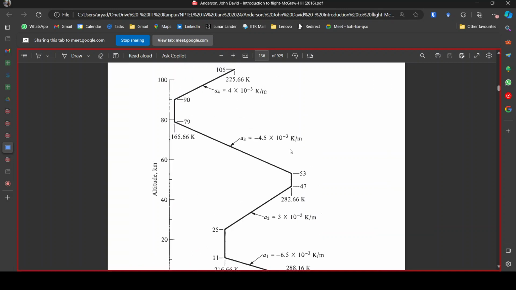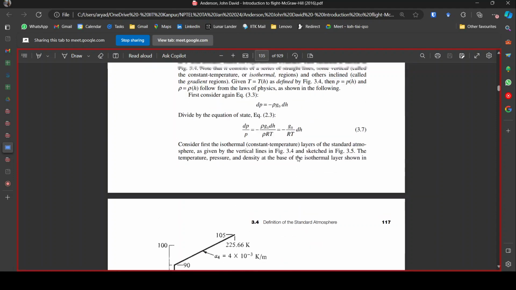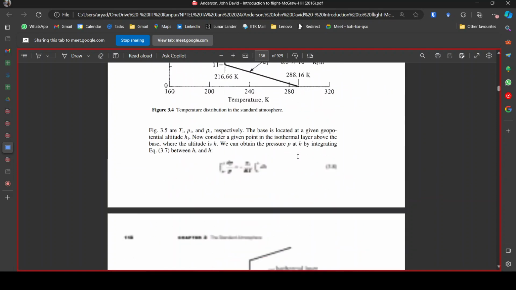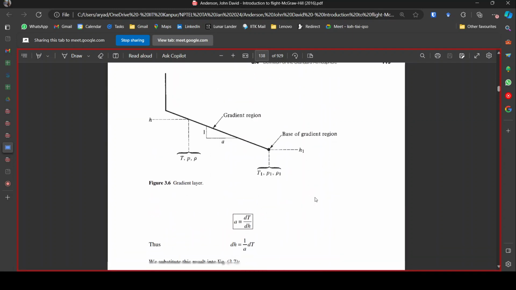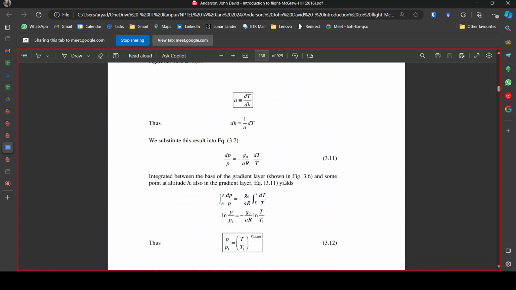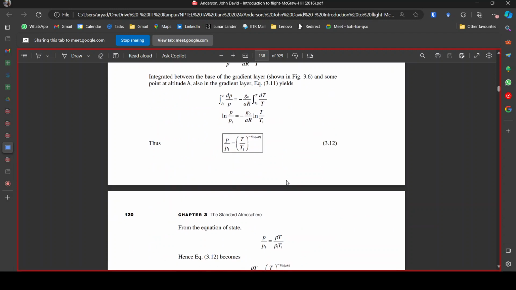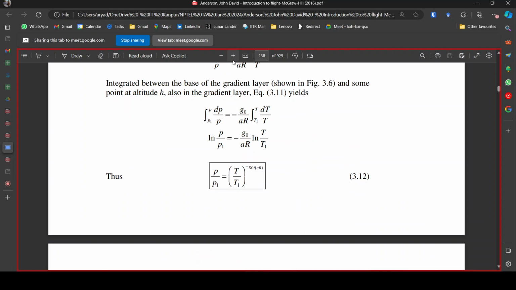Now we can find the other quantities, pressure and density, based on the temperature. You can see for the gradient region, we can find pressure as this quantity: P by P1 equals T by T1 to the power of this exponent.